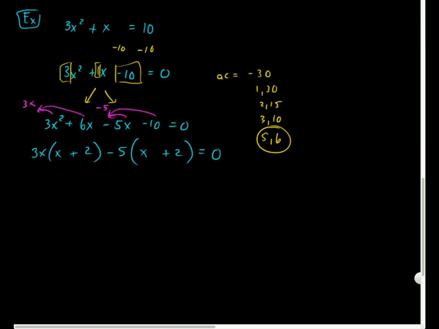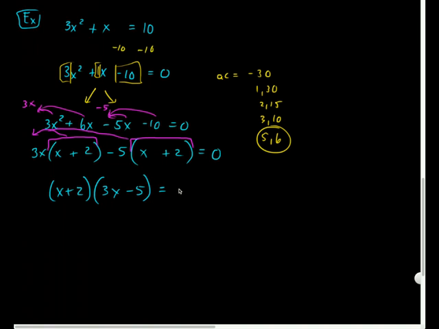Because my next step, I'm technically GCFing out this entire set of parentheses. Kind of a really abstract way to do it. But I'll end up with an x plus 2 times whatever was left over, 3x minus 5.